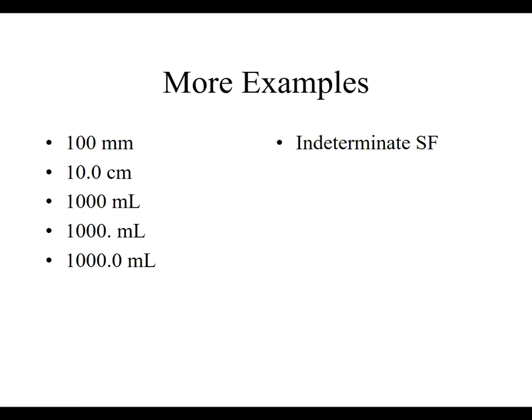But in the case of zeros at the end of a number, we might be forced to write them even if they're not significant, because if let's say that last zero was not significant, if I deleted it, if I erased it, the number would look like 10 millimeters. But there's a big difference between 10 millimeters and 100 millimeters. So if I took that zero off, it would change the number. Even if the zero was not significant, removing it would change the number.